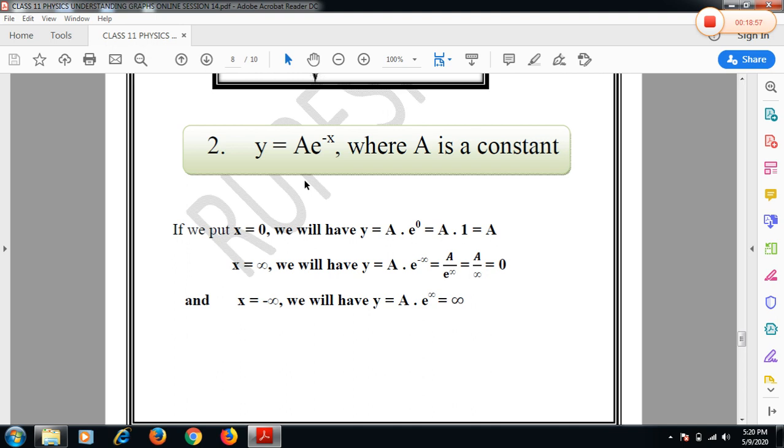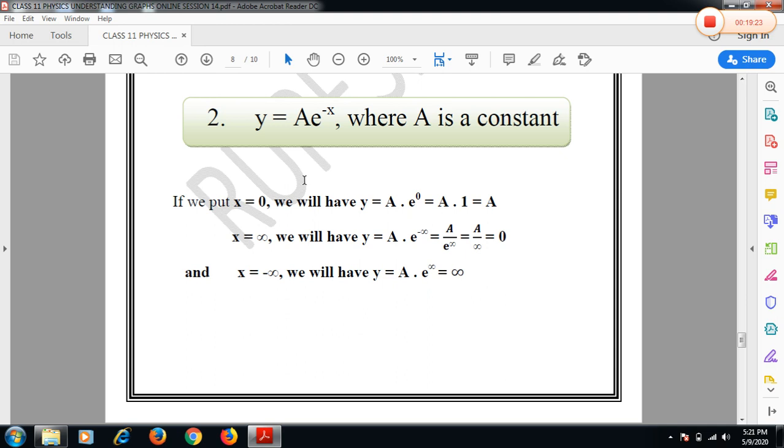This form is also a monotonically decreasing nature graph. Monotonous means boring, right? That is, it is incessantly decreasing in nature. It possesses an incessant decreasing nature, right?